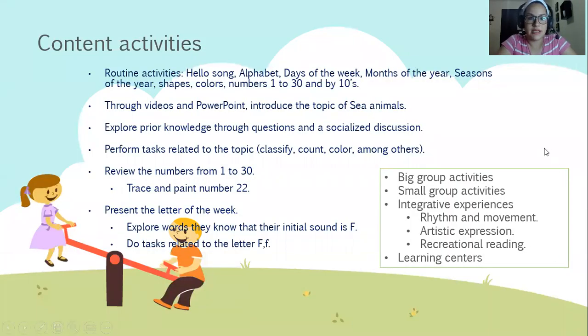The content activities. For pre-K, we used to have big group activities. In this case, I used to have a routine every day of the week: we have a hello song, we review the alphabet, the days of the week, the months of the year, the seasons of the year, shapes, colors, numbers from 1 through 30, and also by tens.